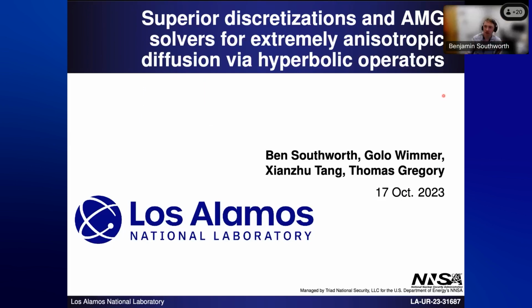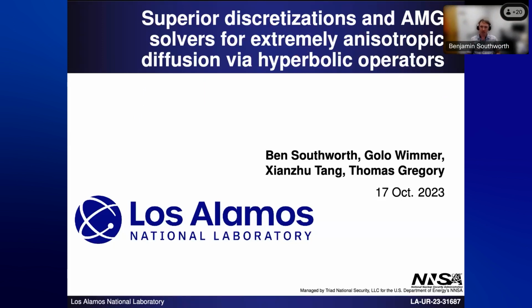Cool. Thanks, Daniel. Hello, everybody. So I'm at Los Alamos National Lab in T5, and I work in a lot of different areas. My background is largely linear and nonlinear solvers, and lately I've been getting into time integration for coupled systems and things like that. Today I'm going to talk about discretizations and algebraic multigrid solvers for extremely anisotropic diffusion in the context of magnetic confinement fusion.